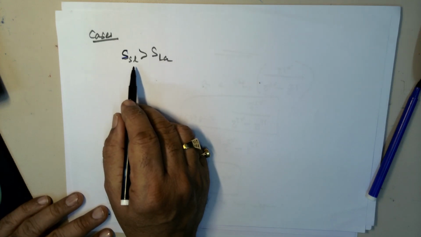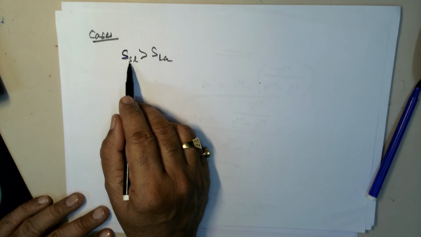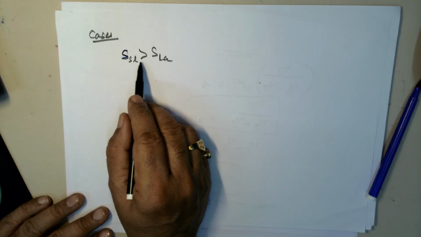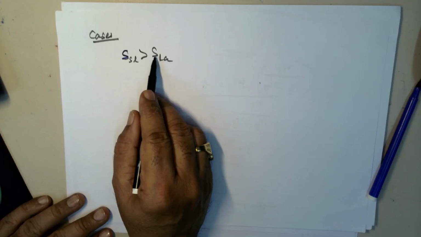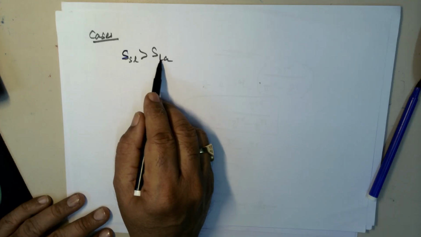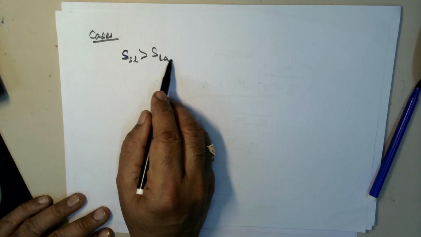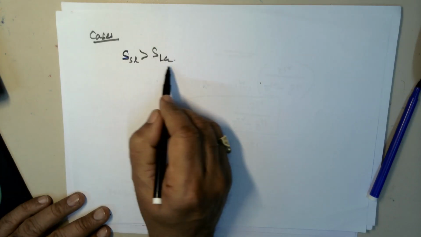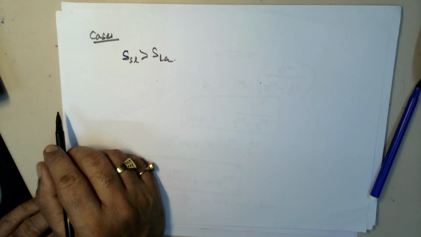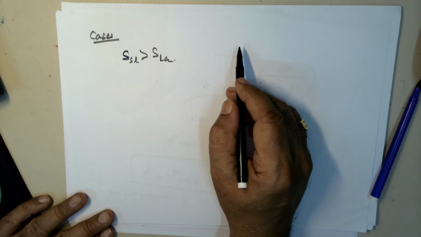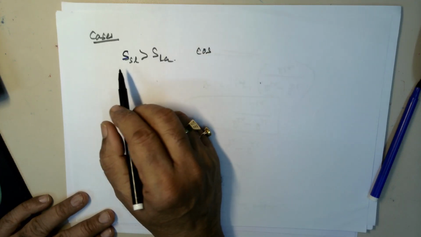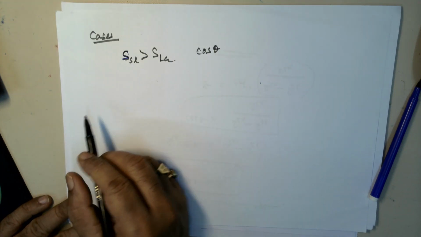That is the surface tension at the surface between solid and liquid, which is greater than the surface tension between liquid and air. In this case, it means cos theta is negative.